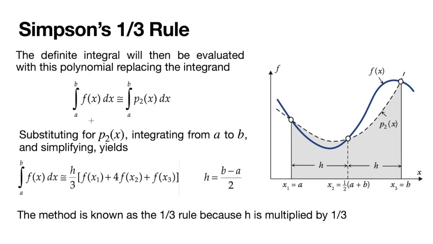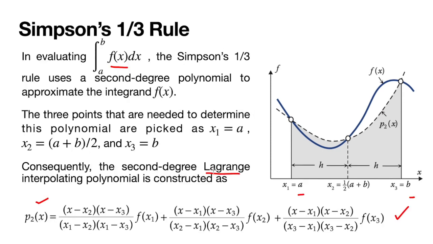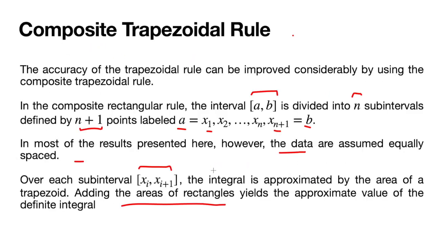So we replace f of x and put this value of p2 here. If I do all the steps we did in the trapezoidal rule here, it will get very complex, but the method is somewhat similar to what we did there.